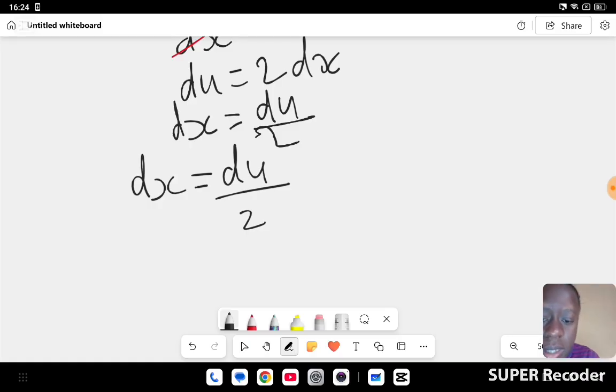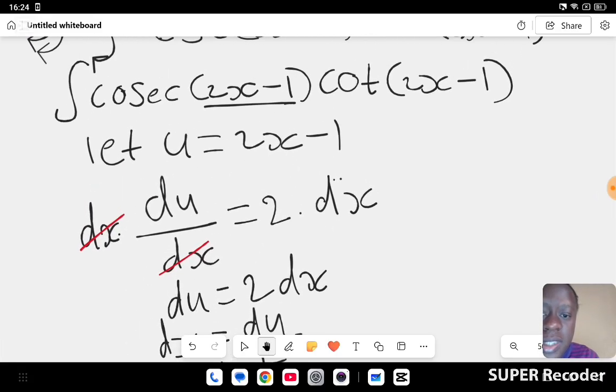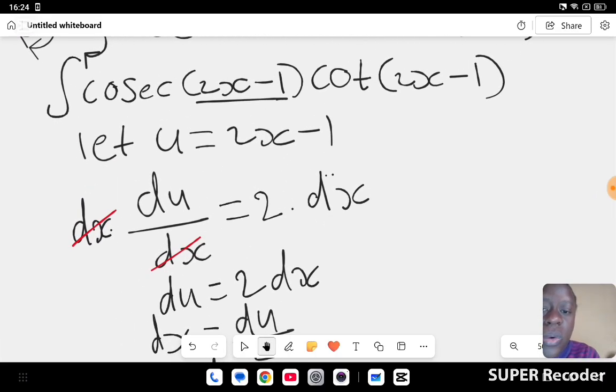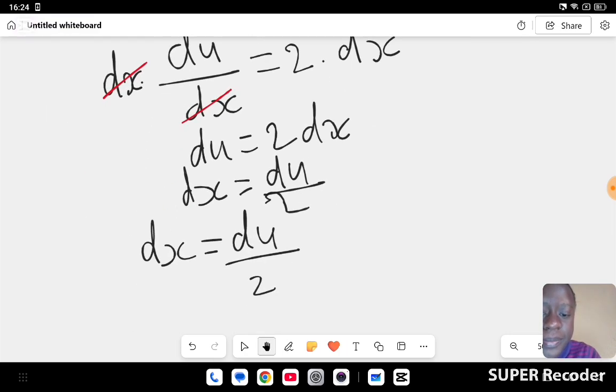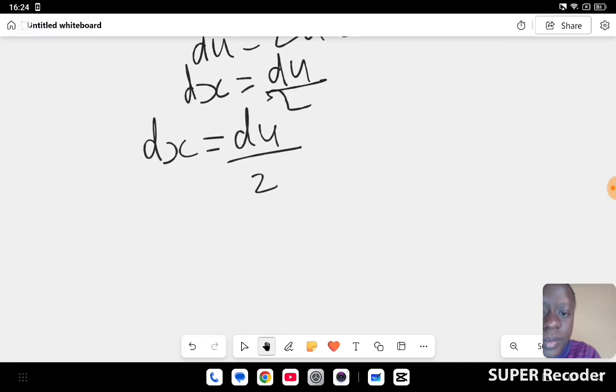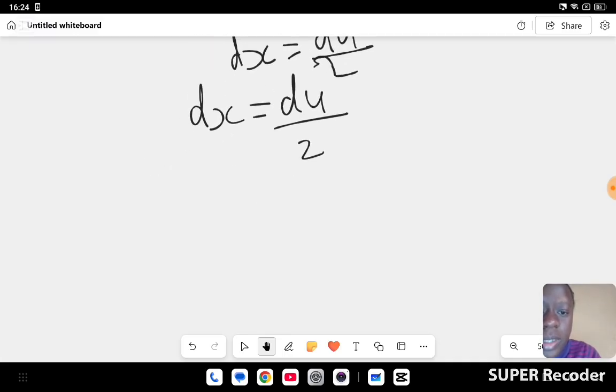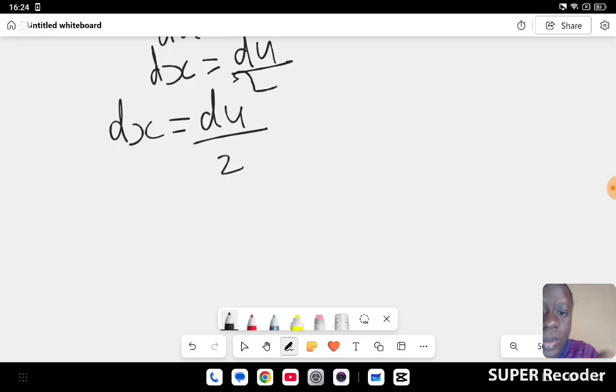So in this case we have to substitute it back to here. Where there is 2x minus 1, we put u. Where there is dx, we put this here. We put this.